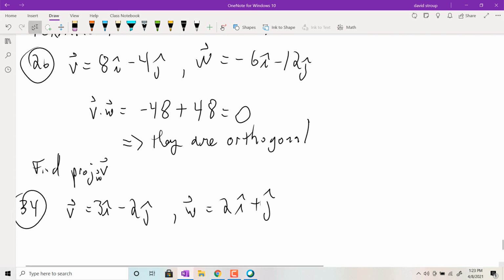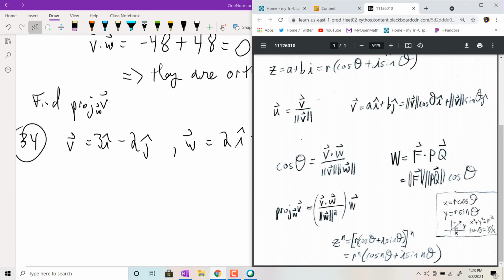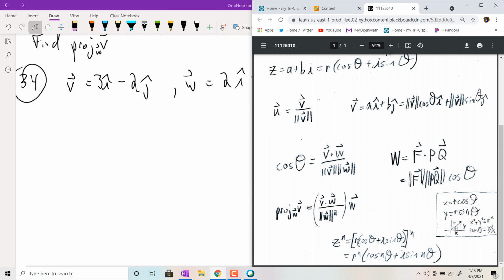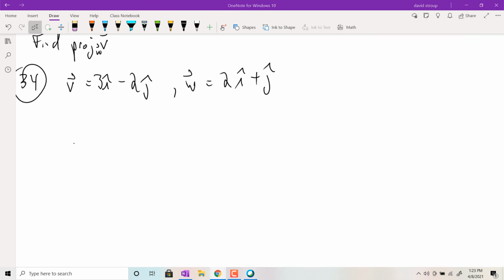What I'm going to do is go to my formula sheet because I know it's in there. Okay, there's my projection formula. You need a dot product up top. So, the projection of V onto W. If you take my later class where we actually use this, I'll have you memorize the formula, but for now I just put it in your formula sheets. In the numerator there's a dot product, so it'd be 3 times 2 is 6, plus negative 2 times 1 is negative 2.